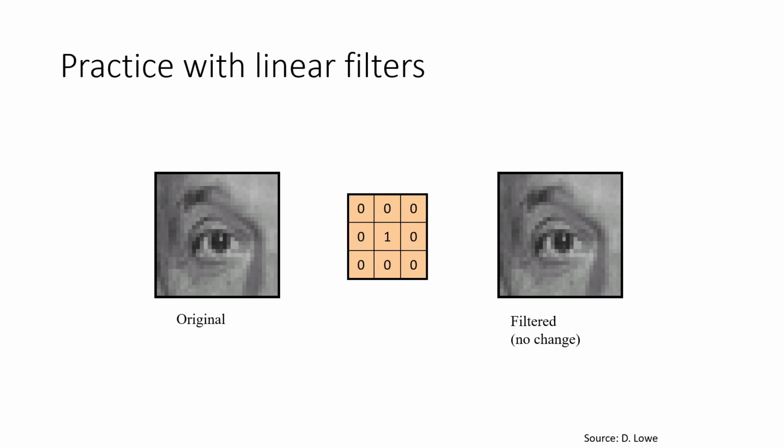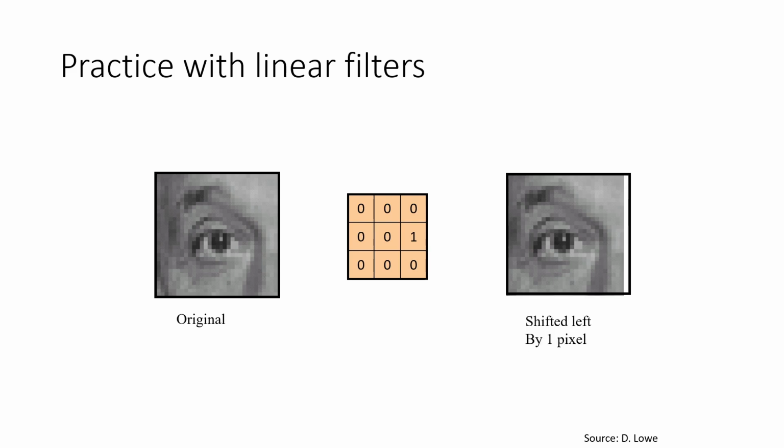If you have a kernel with only a single value 1 at the center, then you will generate the identical result. There's no difference. However, if you shift the value from the center to its nearby neighbor, then you will get the result of the shift operation.